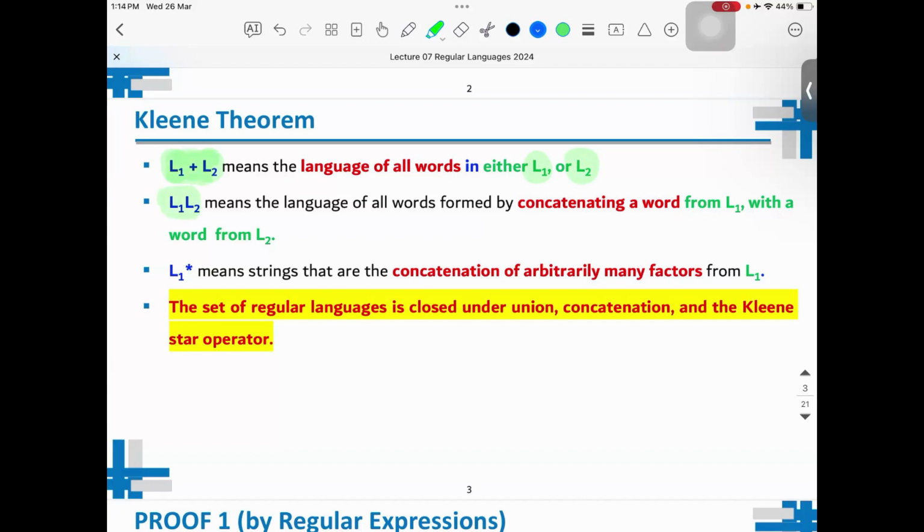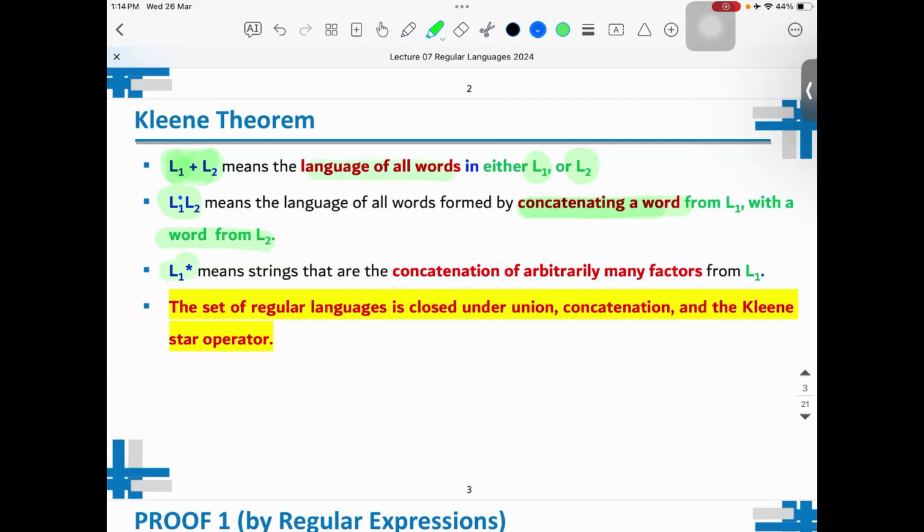This is the union, and this one is the concatenation. It means the language of all the words that are formed by concatenating a word from L1 with a word from L2. And this is basically concatenation. This one is the union.